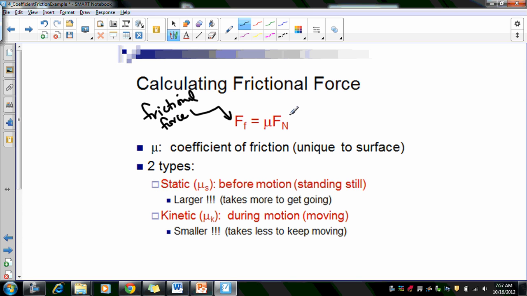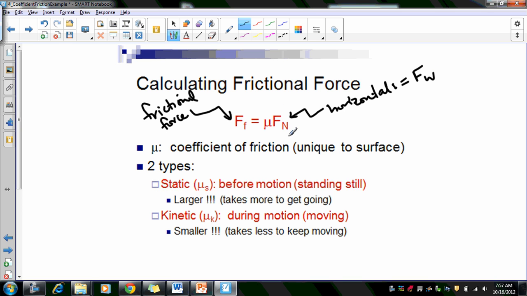This is the normal force, and on a horizontal surface, it equals the weight. So on a horizontal surface, the normal force is equal to the weight.